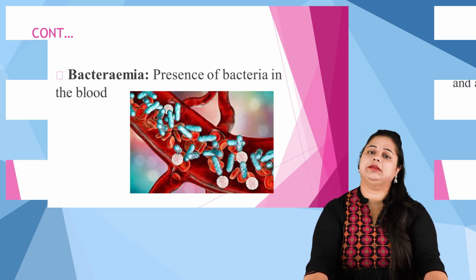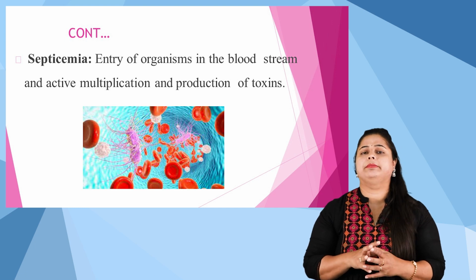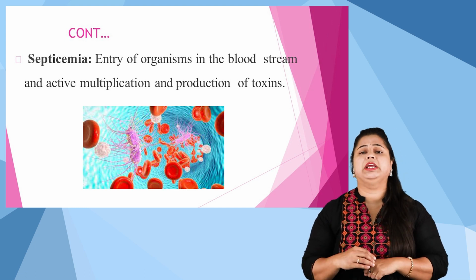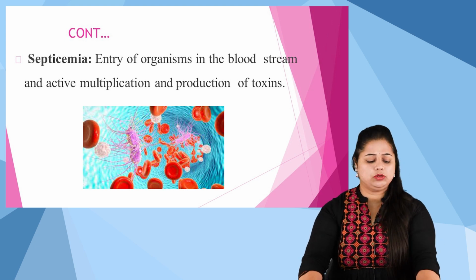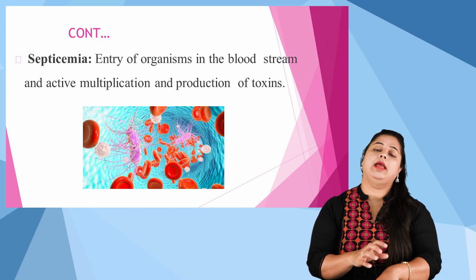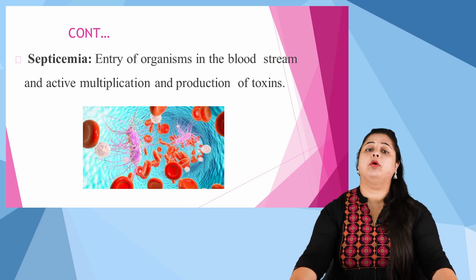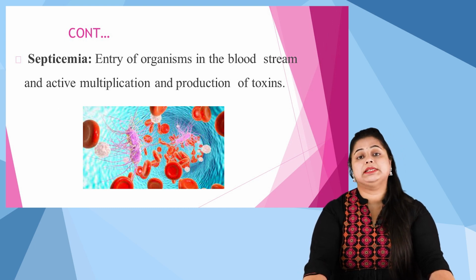That is called bacteremia. Next is septicemia. Same as bacteremia, the infection spreads into your bloodstream. The entry of the organisms into the bloodstream, and then it will go into the whole body and multiply. That is something called septicemia.